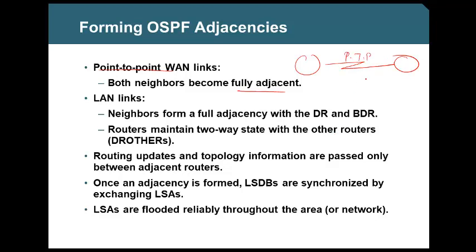Here, the encapsulation, if it is Cisco, is going to be HDLC, not Ethernet. If it is non-Cisco, it will be PPP. If it is any one of these encapsulations, then it is called a point-to-point WAN link. So OSPF can easily recognize that I'm running on a WAN link, so I should not have any other adjacency, only full adjacency.